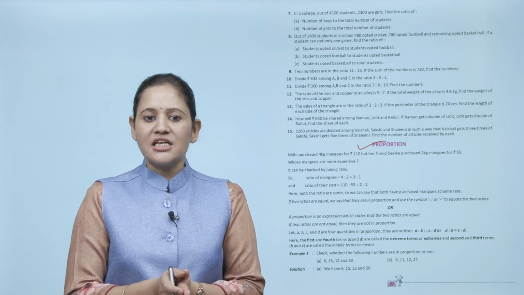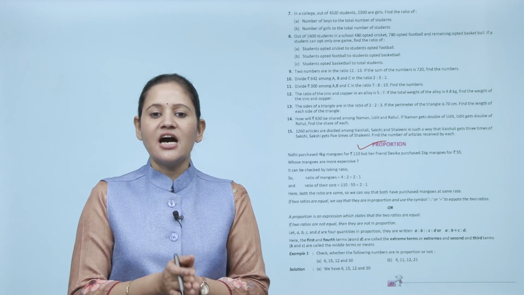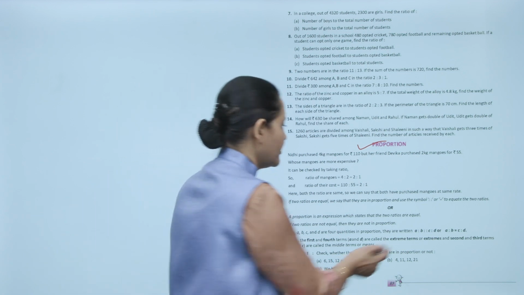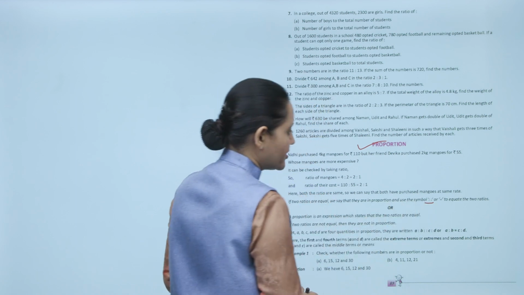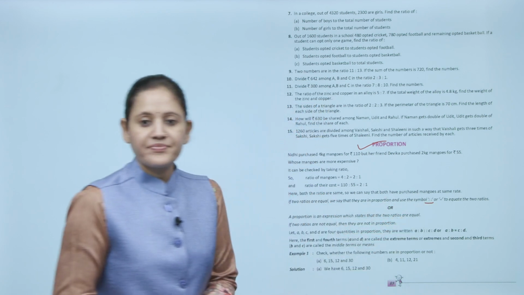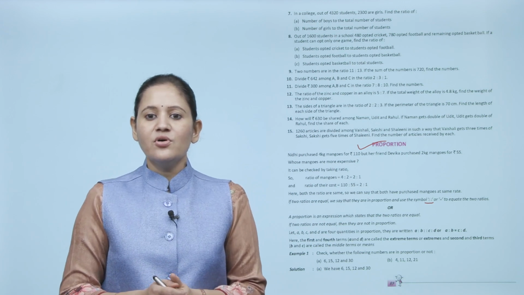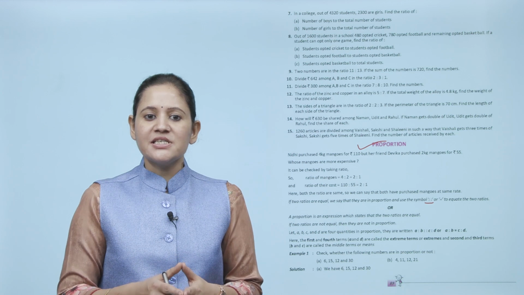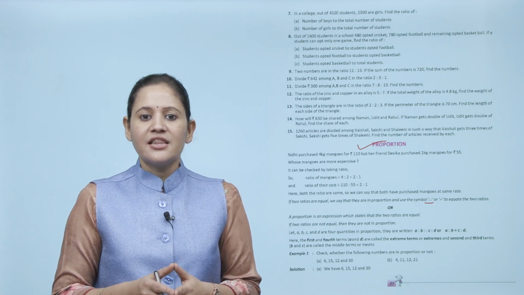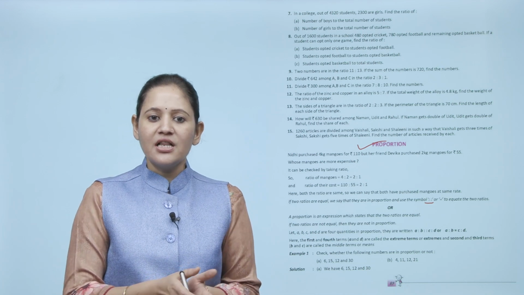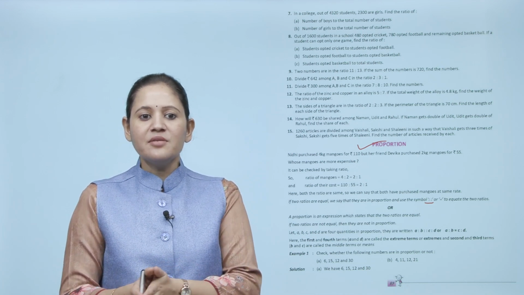If two ratios are equal, we say that they are in proportion and use the symbol of 4 dots. This is the symbol of proportion, or equal to of 2 ratios. The proportion is an expression which states that 2 ratios are equal. If 2 ratios are not equal, then they are not in proportion.